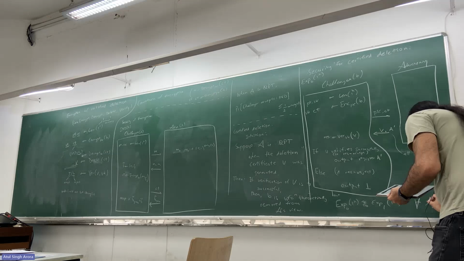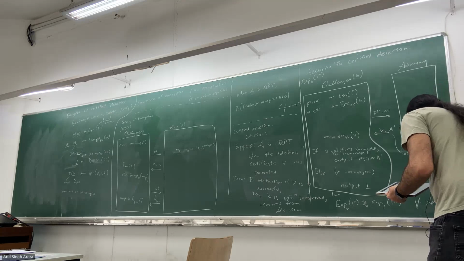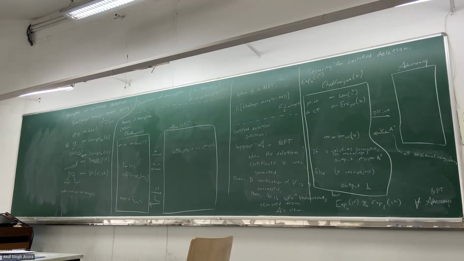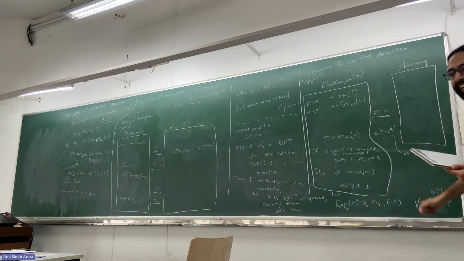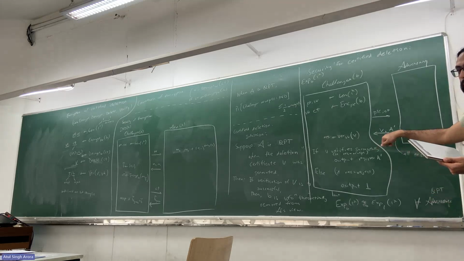So this holds for all adversaries. He sends the classical state and whatever residual registers he had.